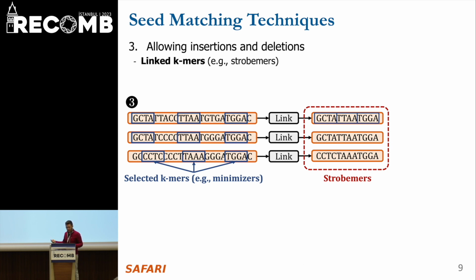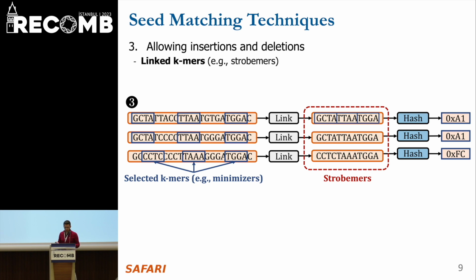And then we can hash these strobemers to identify seed matches using these strobemers. So we can identify seed matches even if there are, let's say, insertions and deletions between these sequences, because we're matching these strobemer seeds using their hash values.